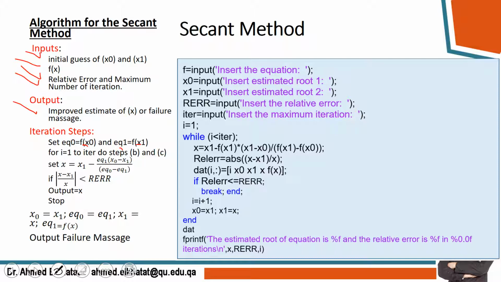Then we start from i equal 1, do these steps, and find the relative error. If the relative error is less than the assigned value, then stop. Otherwise, x naught becomes x1, f0 becomes f1, and x1 becomes x and f of x.